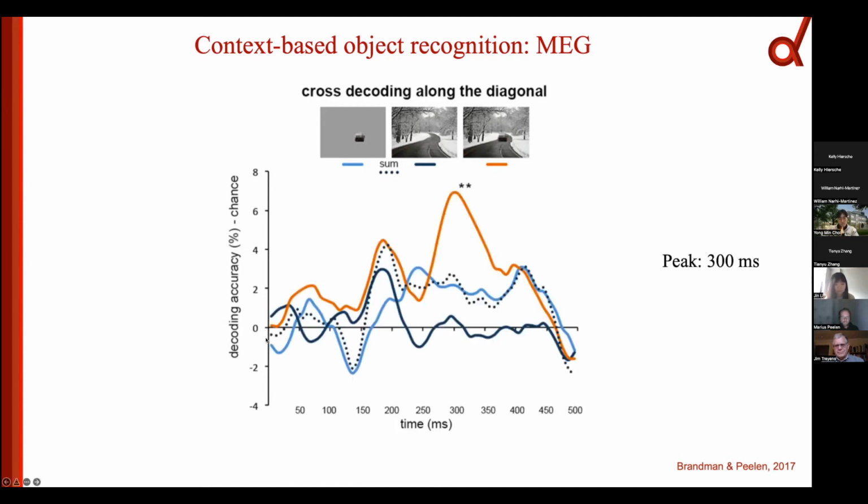And what we see here, we start from 0 at 0 milliseconds. We see that around 300 milliseconds after stimulus onset, the decoding of the object in scene is significantly higher than the sum of the decoding of the object alone and the scene alone. So the orange line here is significantly higher than the dotted line from around 300 milliseconds after stimulus onset.